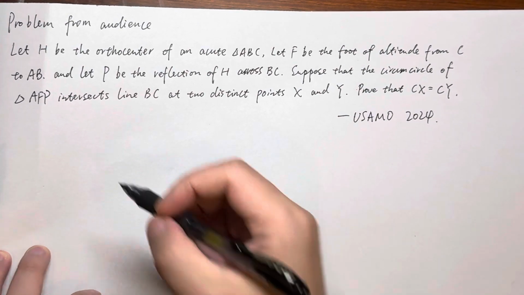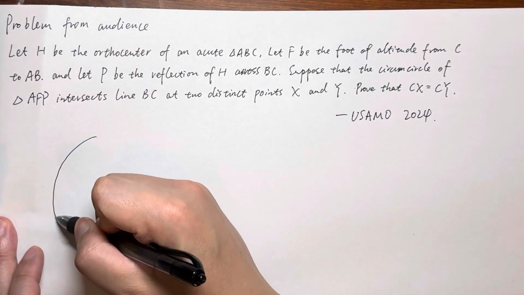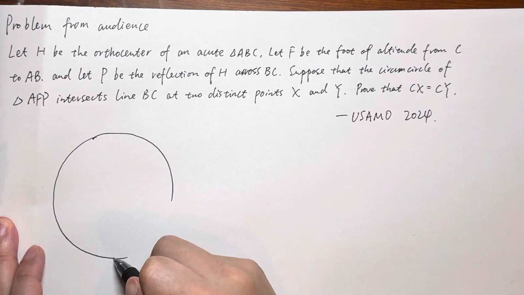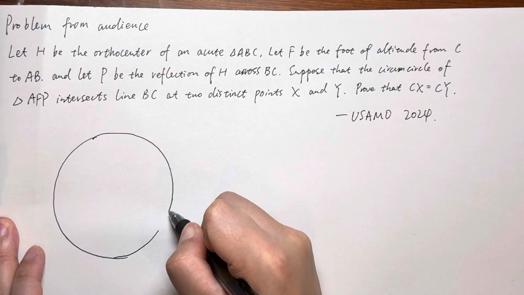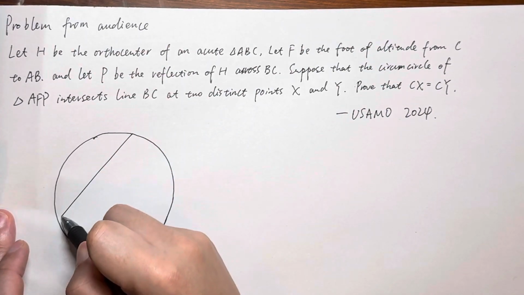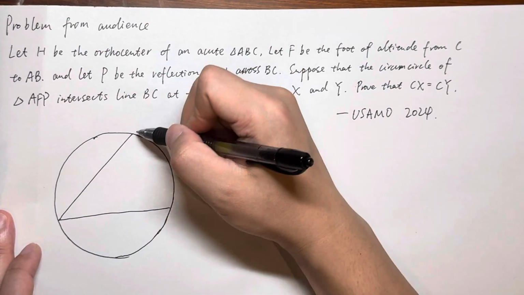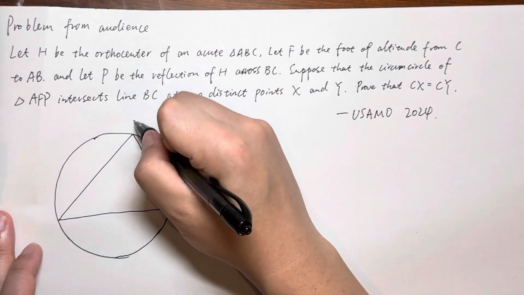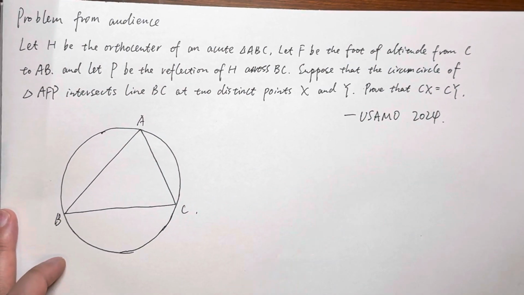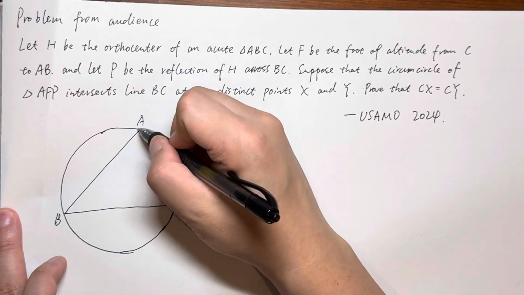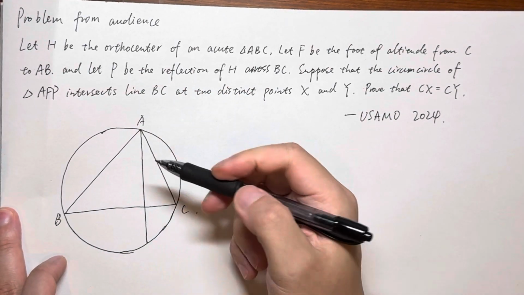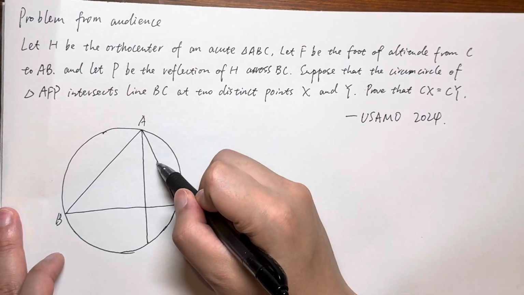So for these problems, let's just draw the circle first, right? We want to have a circumcircle of the triangle ABC. It's easier to draw the circle first. Okay, that's our circumcircle, and we have the acute triangle here. Call it ABC. Notice that in the past we already proved that, let's find the orthocenter first.